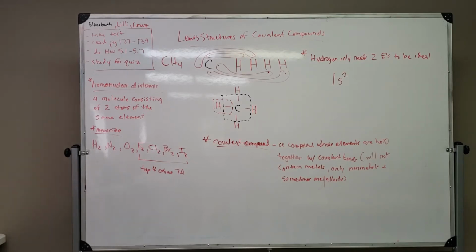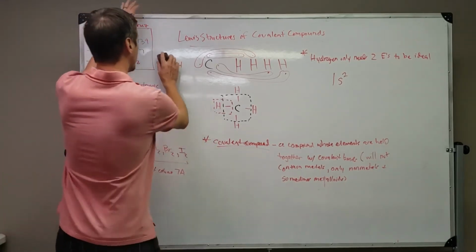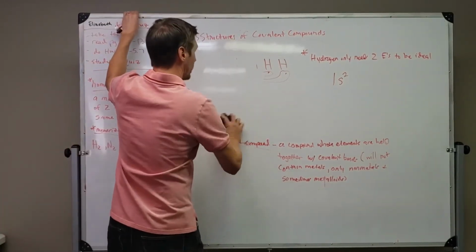All right. Let's do an example. Example 5.1 on page 130. It says, what is the Lewis structure of NCl3? Let's draw the Lewis structure for NCl3.